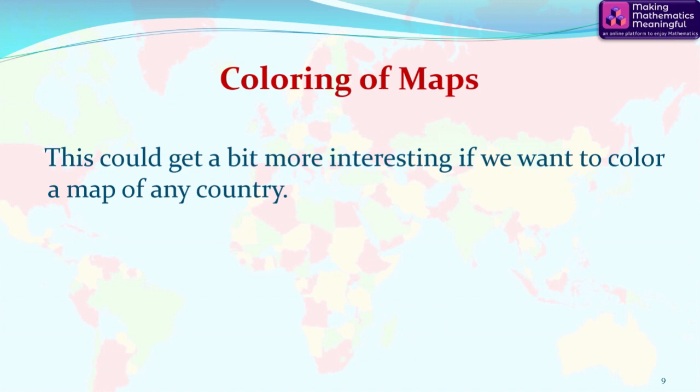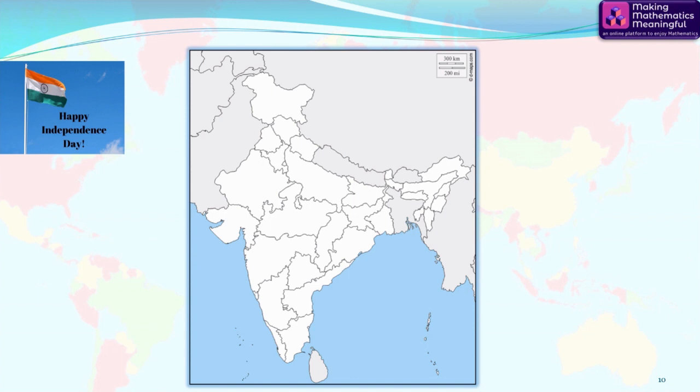This could get a bit more interesting if we want to color a map of any country. Well, since today is Independence Day, I thought to consider the map of India. So what is the minimum number of colors required?